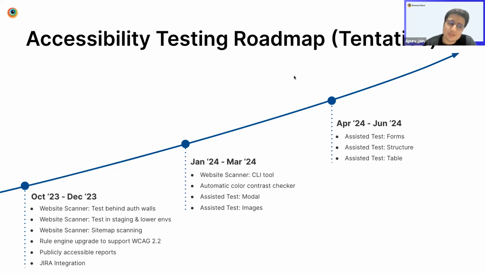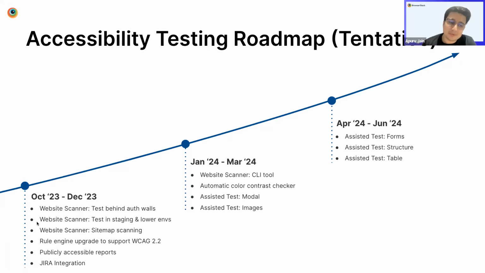We're seeing a lot of interest in this capability of monitoring. To answer a couple of questions folks had, currently our website scanner works on public pages, but we also plan to support the testing of pages behind auth walls or login walls. We will give you the ability to test in lower environments like staging environments, and also sitemap scanning.